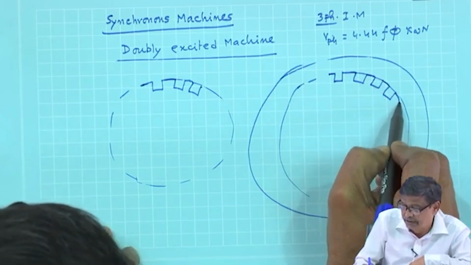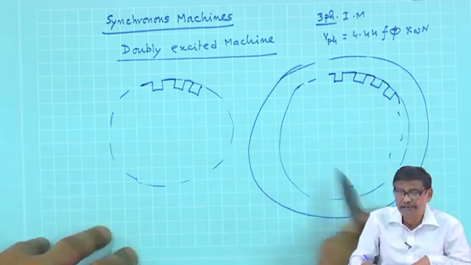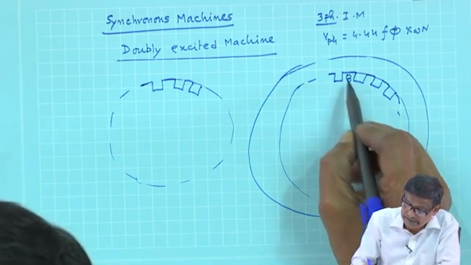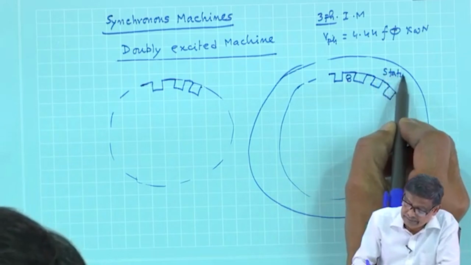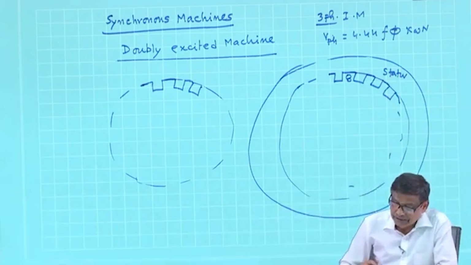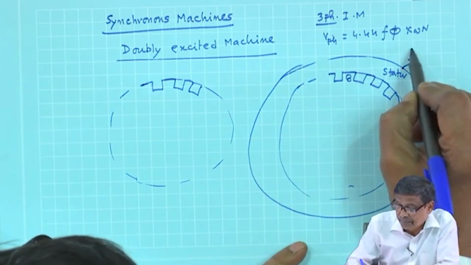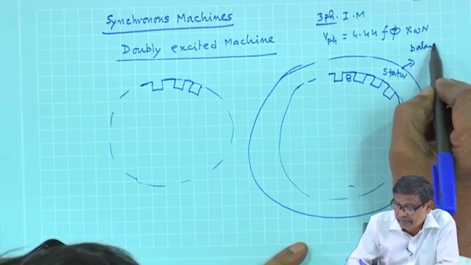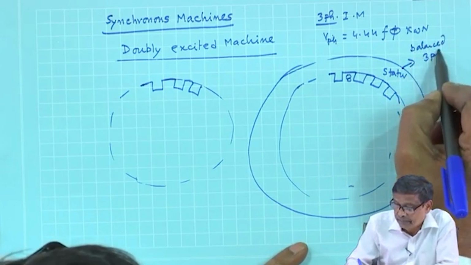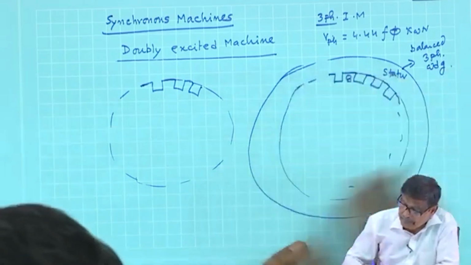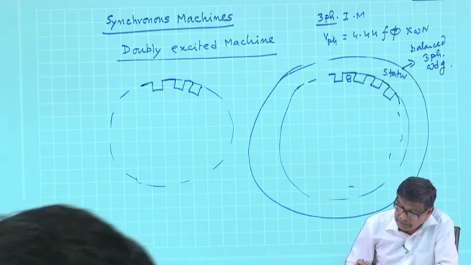You have a double layer distributed 3-phase winding on the stator, a balanced 3-phase winding, double layer or whatever it is.